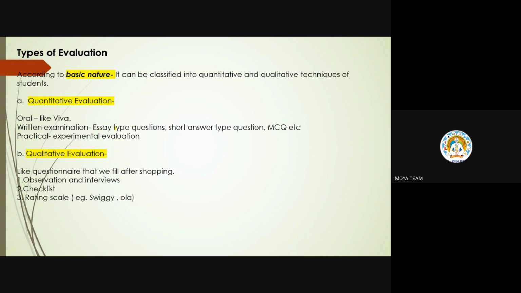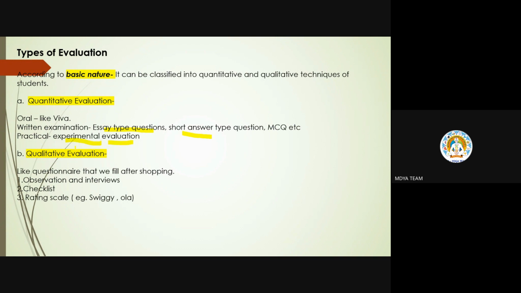In written examination, essay type questions could be there, short answer type questions could be there, MCQ type questions, subjective and objective questions are there, and in practical, experimental evaluation is there. Okay, they will evaluate the learners on the basis of some experiment given to them, how well he or she is performing in the experiment.